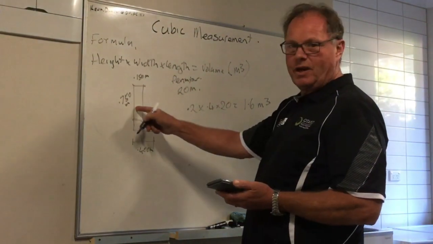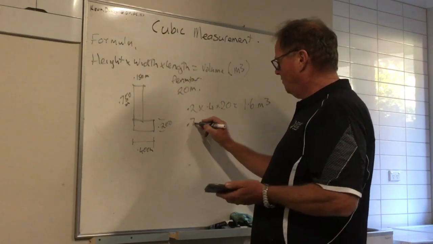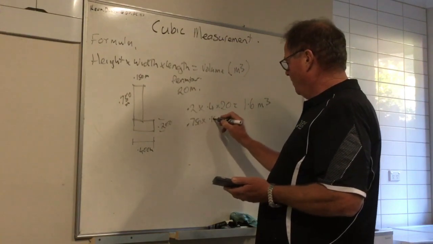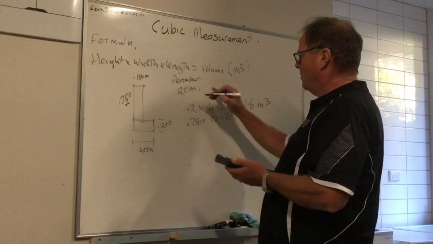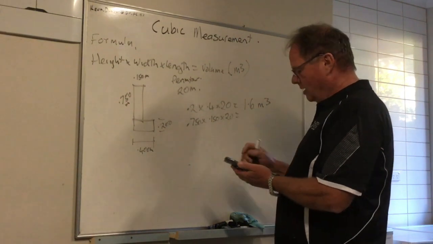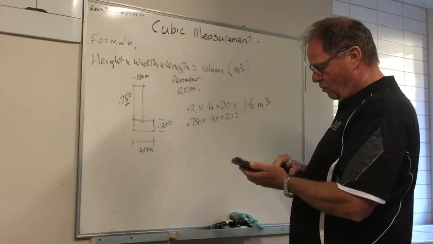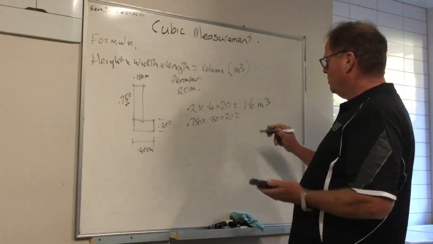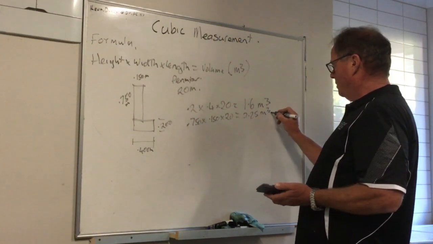Then we do our foundation here, same deal, height 0.750 times width 0.150 times our length will be the same, 20 metres our perimeter, and that there equals 0.75 times 0.15 times 20, 2.25 metres cubed.